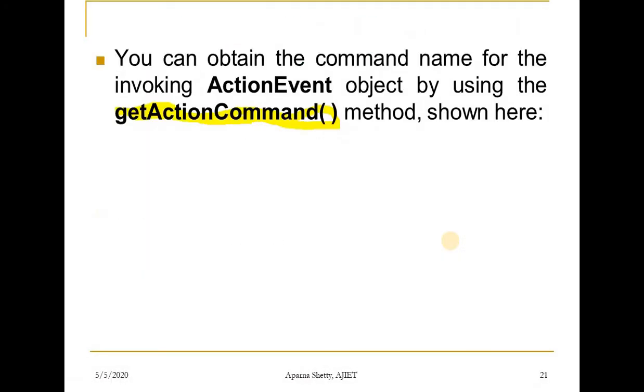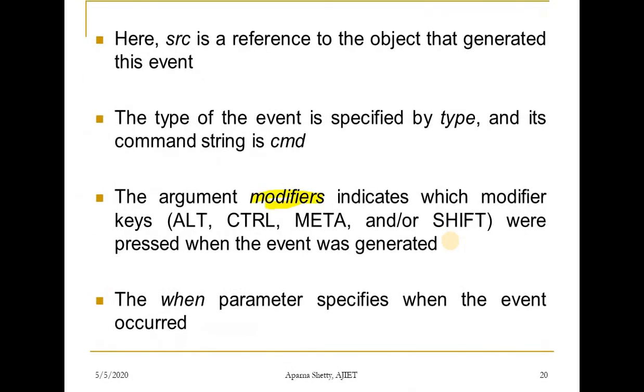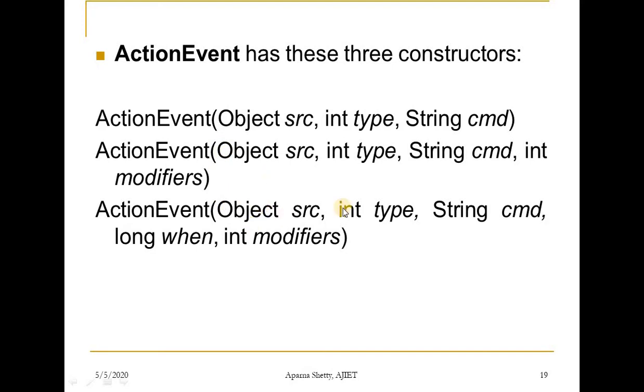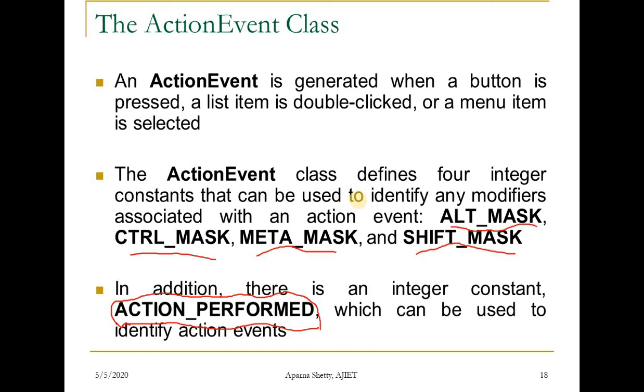So in ActionEvent, there are three constructors. We have studied the three types of constructors, and we have studied the modifiers also: the 4 integer constants to represent the modifiers that were pressed when the event took place.